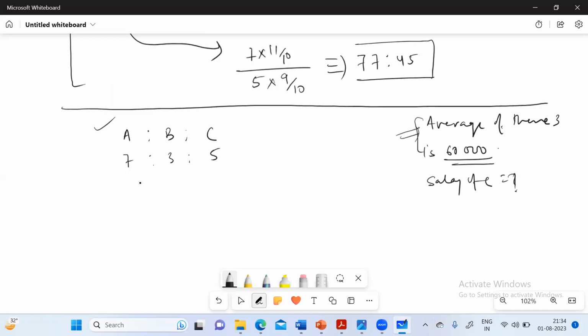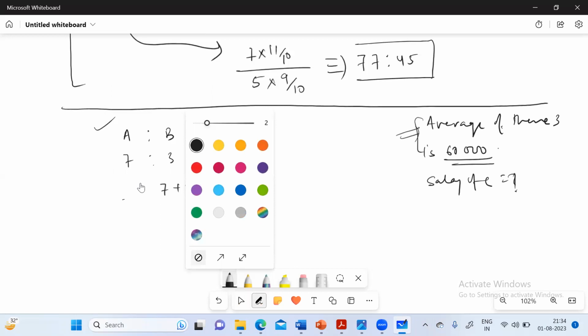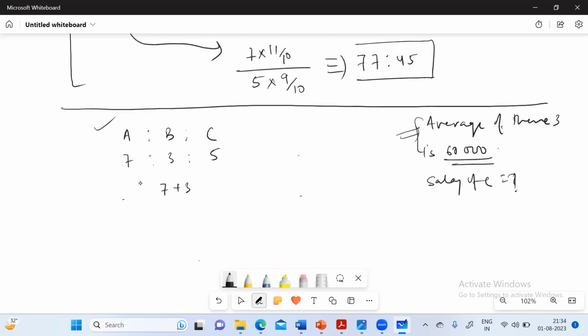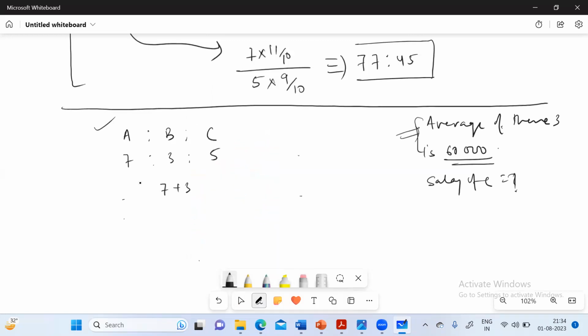We know the average is 7 plus 3 plus 5 divided by 3. And if you studied the average chapter, you can just tell that the average will be 5 only. So the 5 value is 60,000.